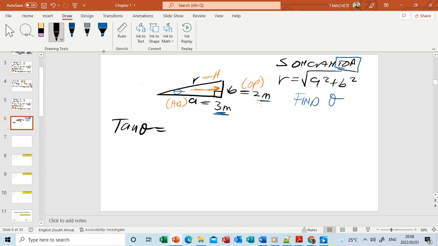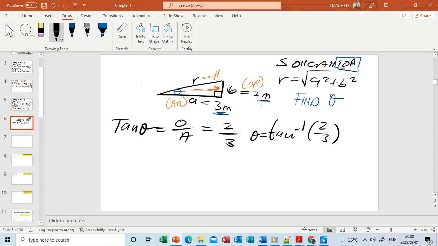Tan theta is equals to opposite over adjacent. So your opposite is 2 and then your adjacent is 3. So you're gonna say theta equals to arctan of 2 over 3. Then you just punch that on the calculator. Then you'll get your answer.